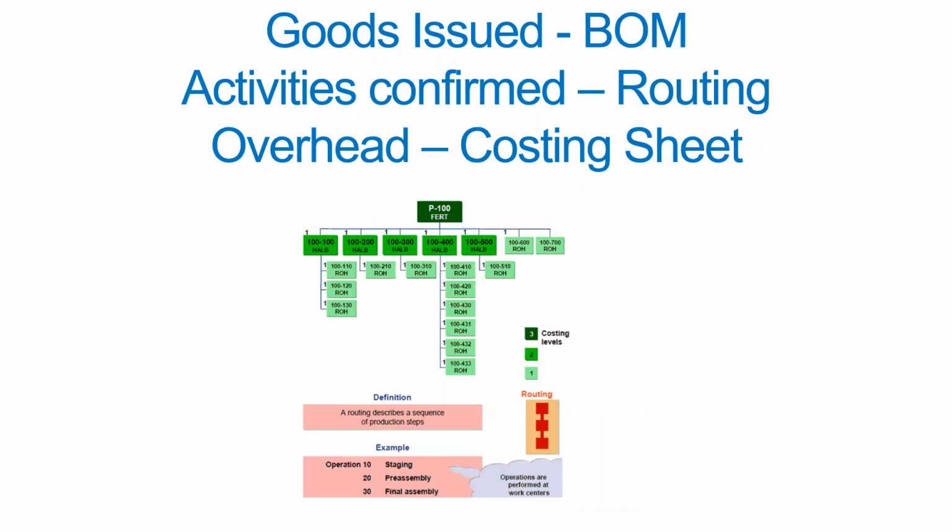So we collect the actual costs against the production order. When we issue goods, we can issue raw materials, we can issue sub-assemblies. They're actual, and those costs are identified as the material cost component. When we confirm activities on the routing at the work centers, those costs are identified in S/4HANA by the account associated with those activities.